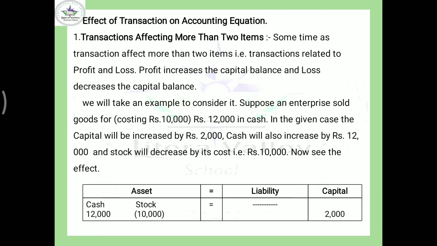Second, transactions affecting two items on the same side, either on asset or on liability and capital. And here we have analyzed a kind of transaction that could affect more than two items. Now we are going to learn the steps required to prepare the accounting equation.